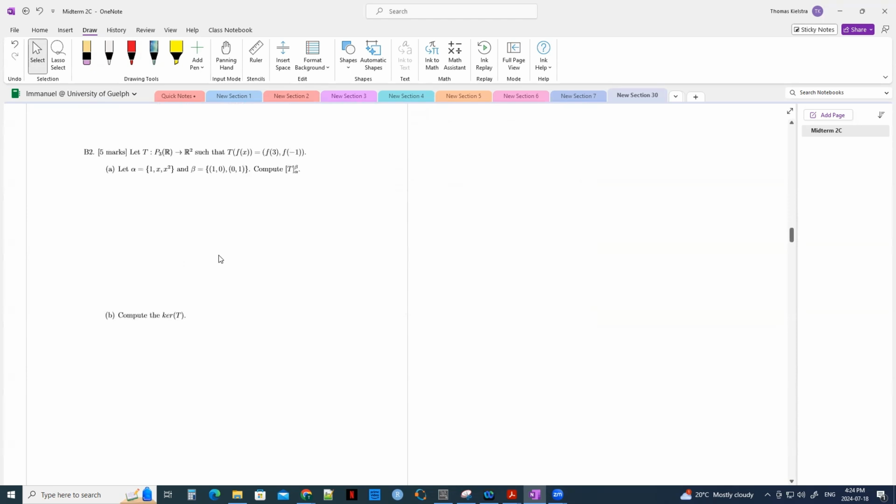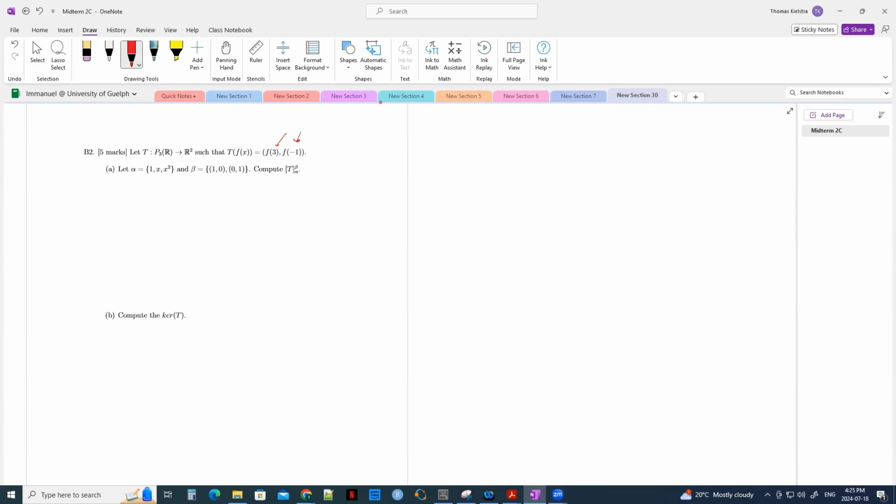Okay, now we have a linear transformation from polynomials of degree at most 3 to the real 2 by 2 numbers, and we've been given this notation here, which means that we're going to plug 3 into our first function for our first entry, and we're going to plug minus 1 into the function for our second entry.